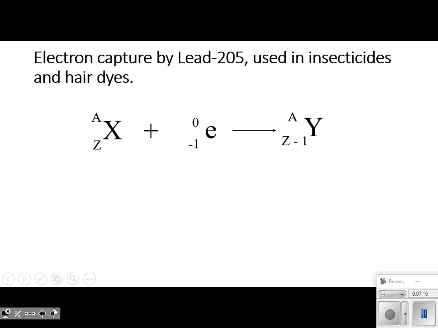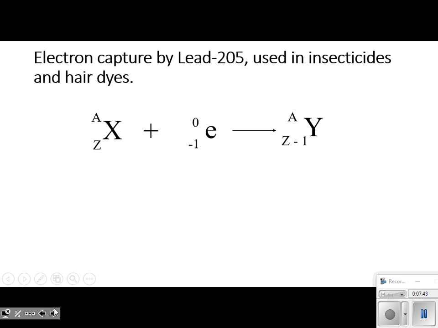So when I'm going from X to Y, when I capture that electron, I have one less proton. So that's telling me that a proton is being changed to a neutron. Because my A stays the same, I am decreasing my atomic number by 1.